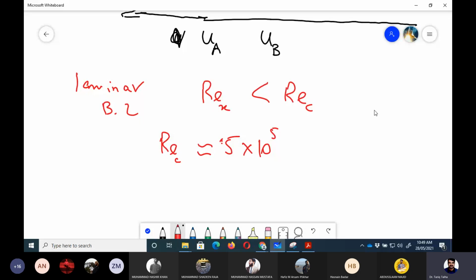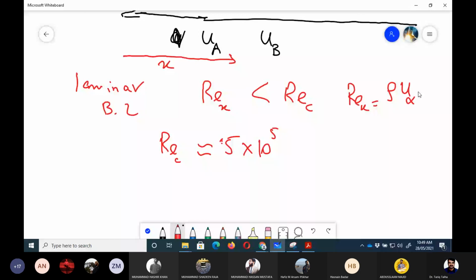And what is Re_x? Re_x is the Reynolds number depending upon the distance from the leading edge. So x is equal to 0 at the leading edge, and it increases as we increase the length of the plate. We define it as rho into U infinity into x divided by mu. U infinity is the free stream value of velocity coming onto this plate.